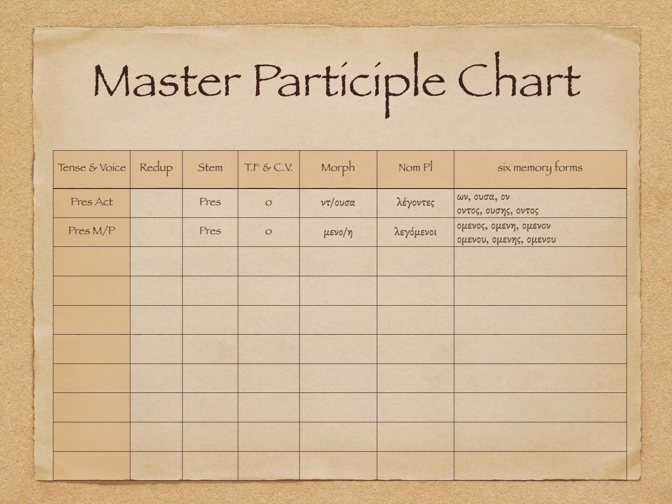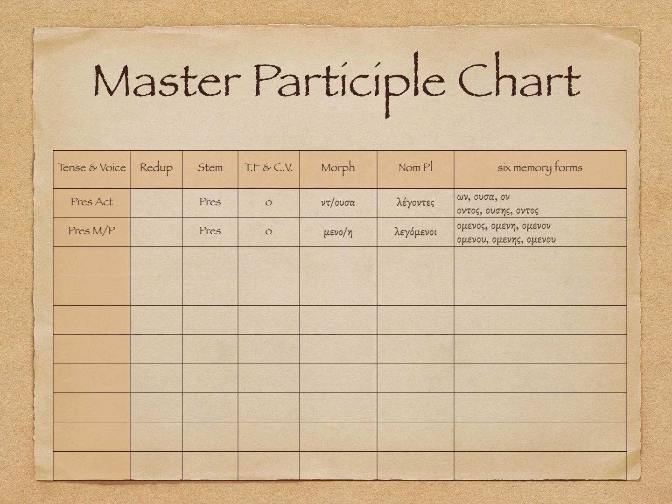So own, if you see omicron nu at the end of a word, what should you think? Think present or continuous, nominative masculine singular, present active participle. If you see usa at the end of a word, think feminine, nominative feminine singular, present active participle.